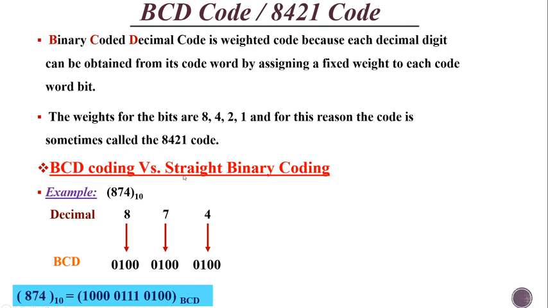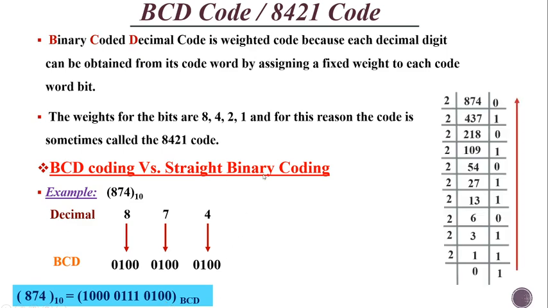So how is straight binary coding done? Here straight binary is the normal, earlier method we have used to convert a decimal number into binary. This multiple division or repetitive division method is used to convert the given decimal number into the binary number. So it is a very lengthy and time consuming process. So it is much easier to represent the decimal number in BCD.